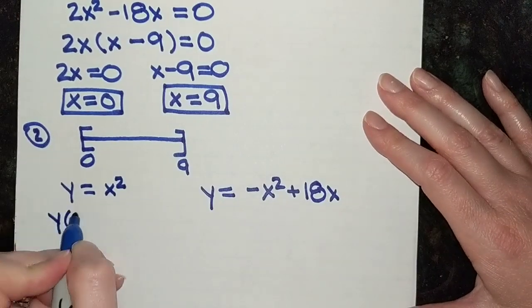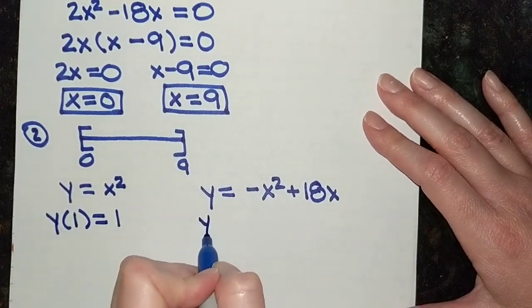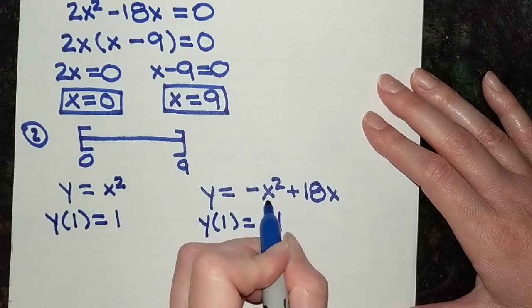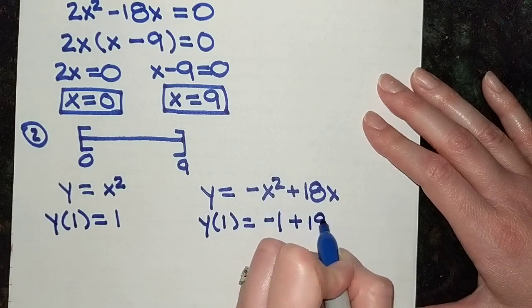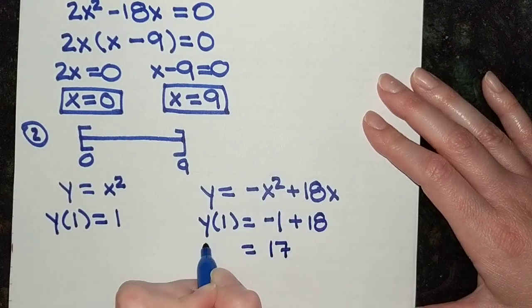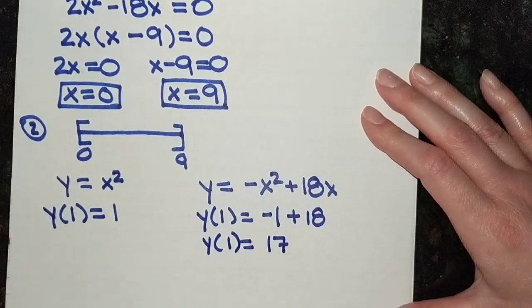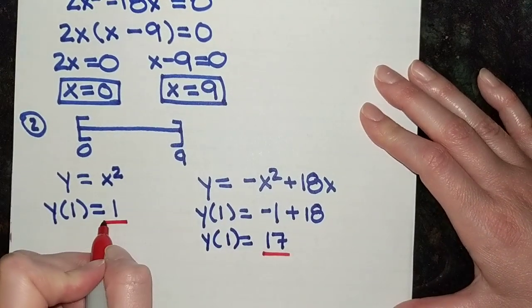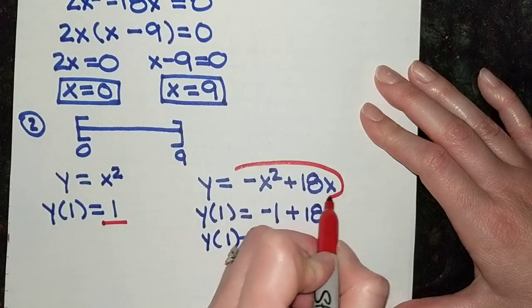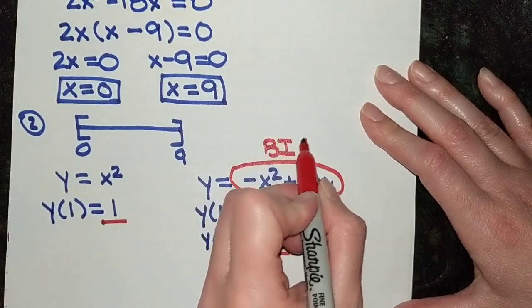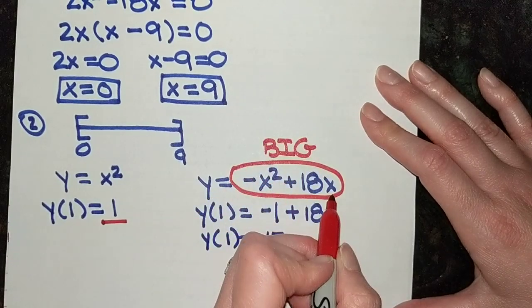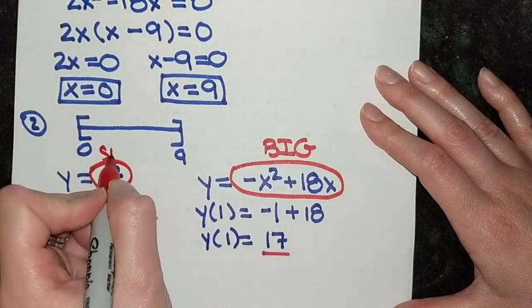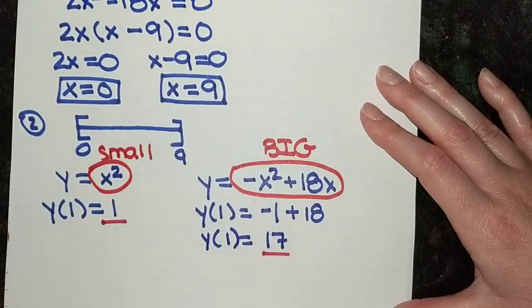If I plug in 1, I'll just have 1 here, and if I plug in 1 here, I'll have negative 1 plus 18, which gives us 17. So comparing the 17 versus the 1, that tells us that the bigger function is the negative x squared plus 18x, and the smaller function is going to be the x squared.